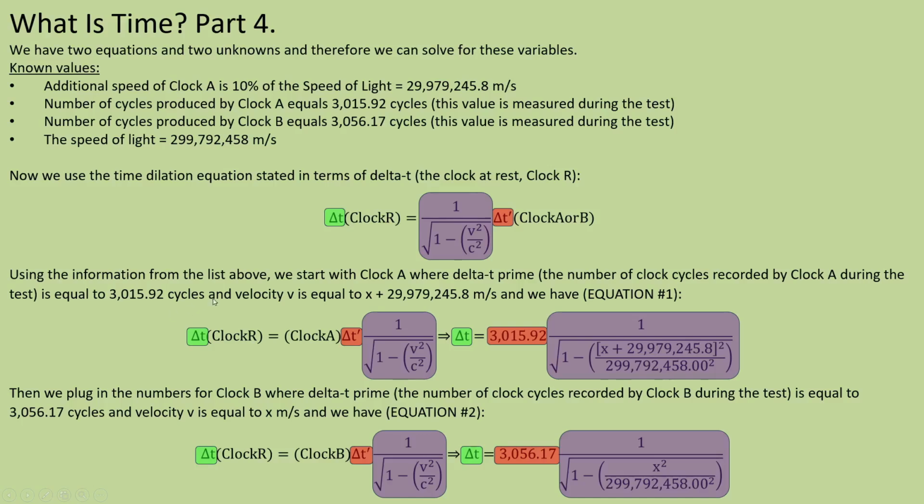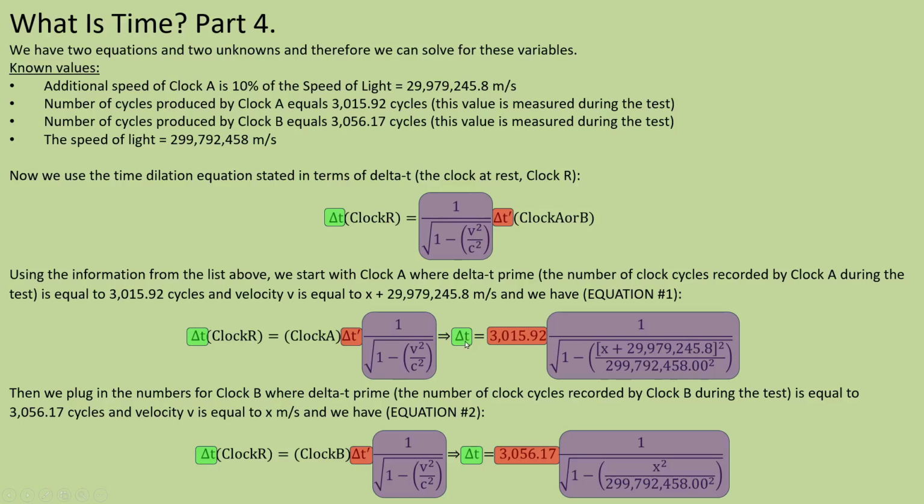Using the information from the list above, we start with clock A, where delta t prime, the number of clock cycles recorded by clock A during the test, is equal to 3015.92 cycles, and velocity v is equal to x plus 10% of the speed of light, where x is the speed of the spaceship. So the number of cycles produced by clock R will be equal to the number of cycles produced by clock A, delta t prime, times the Lorentz factor.